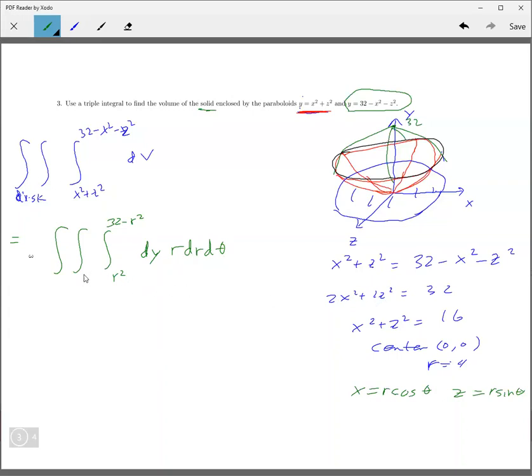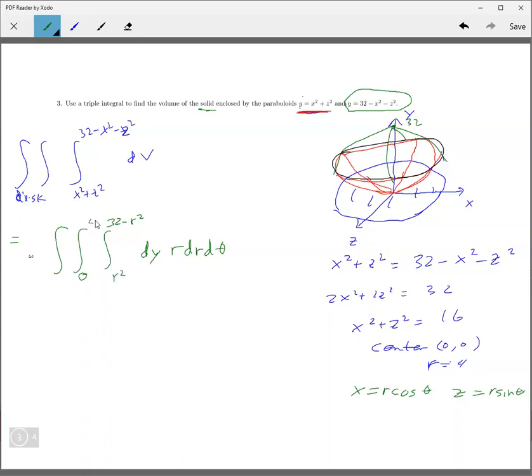Okay, and then r is going to go from where to where? This part of the integral is just this blue disk in the xz plane. So the radius goes from 0 up to where? 4.